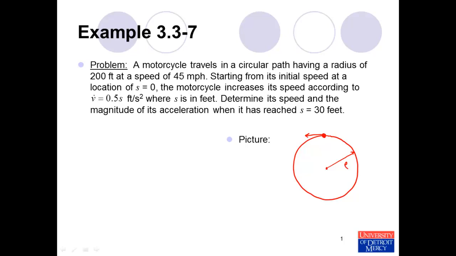Once we've read this problem and feel like we understand what's going on, we would then want to identify the given information in the problem and the information that we're asked to find. So here we're told, in addition to the path being circular, that it has a radius of 200 feet.